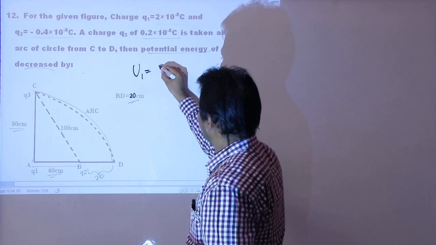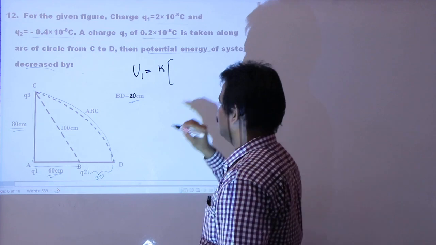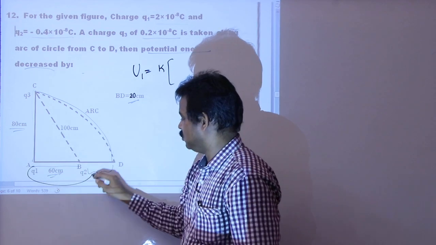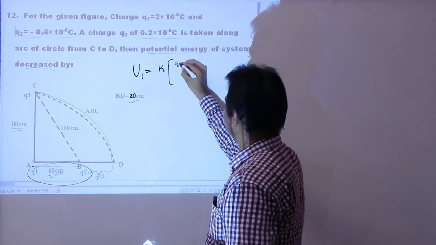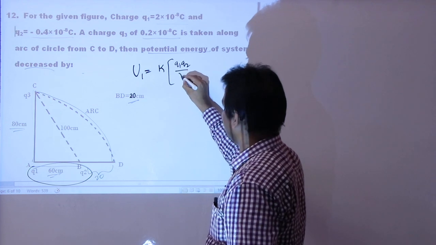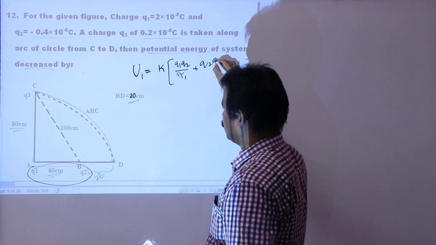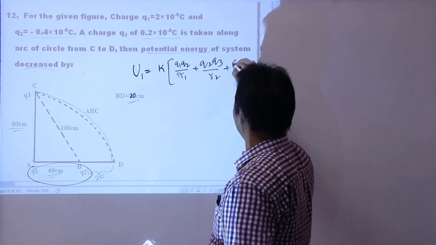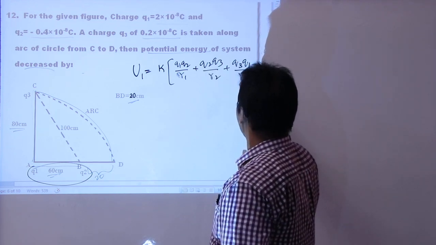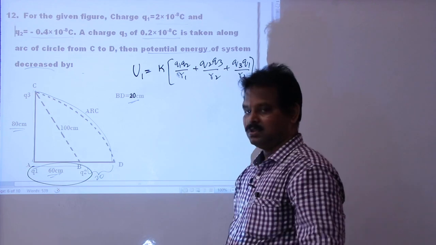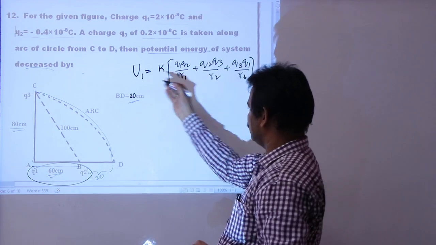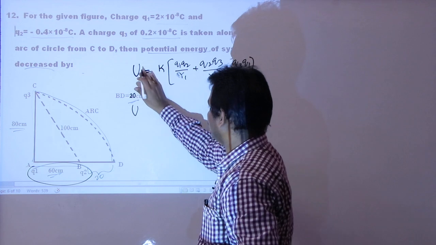So here U1 is given by, let me take this as K, Q1 Q2 by R1, plus Q2 Q3 by R2, plus Q3 Q1 by R3. So this is the initial potential energy formula.